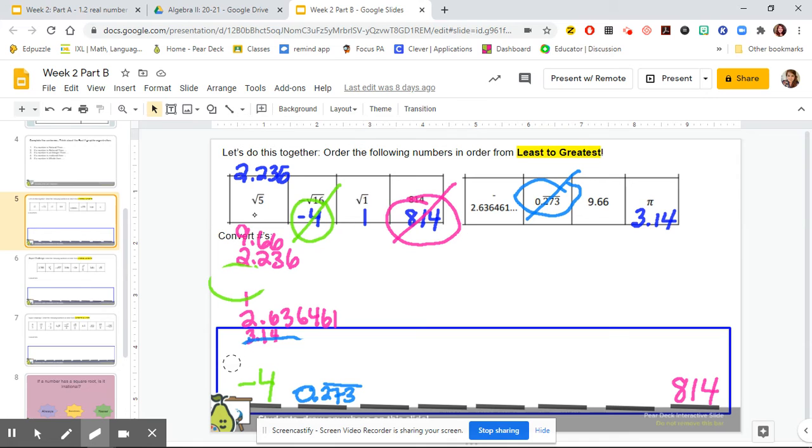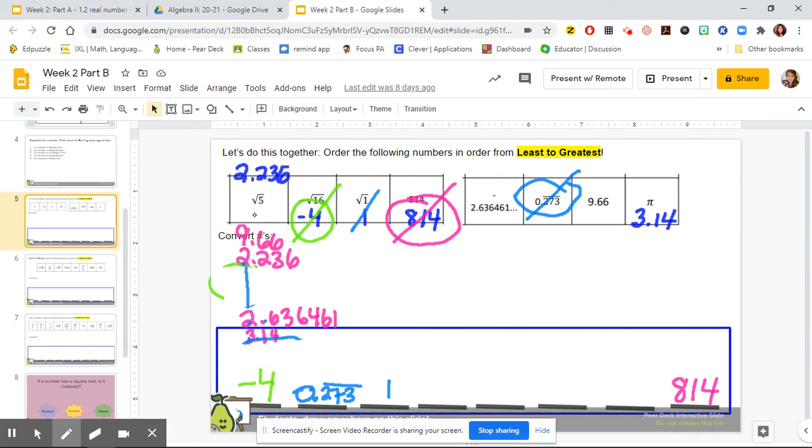We're now going to get into the numbers that are bigger than 0.27. If I look at this list here, the smallest number that I have here is 1, so I'm going to put 1 for my next one and erase it. We next have two numbers that are pretty similar. We have 2.236 and we have 2.63.